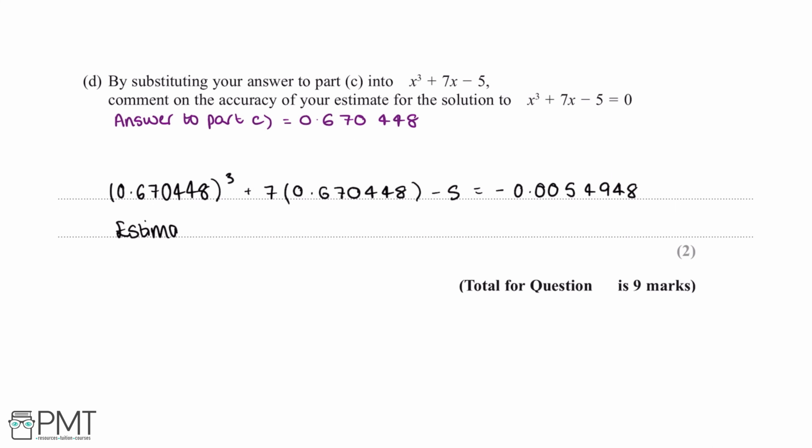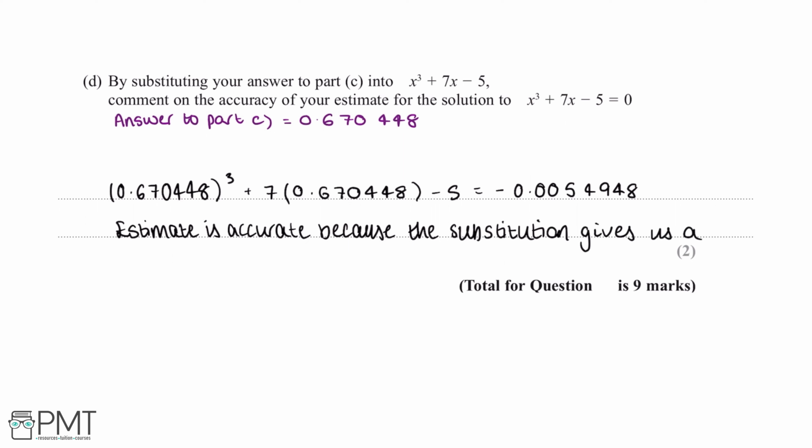We can write something along the lines of the estimate is accurate because the substitution gives us a value which is close to 0. Now this question's worth 2 marks. We'll get our first mark for substituting in our answer from part C into the given equation, and we'll get our second mark for explaining why the estimate is accurate.